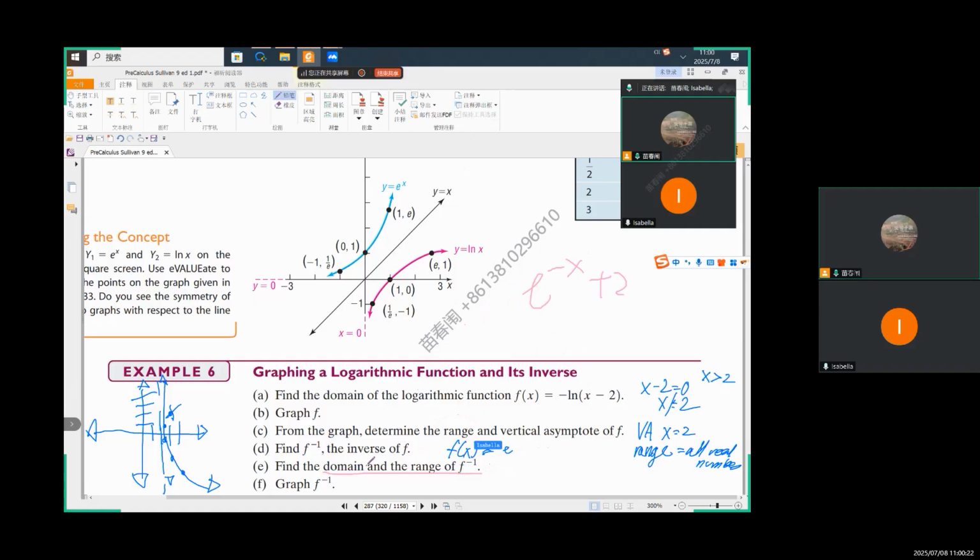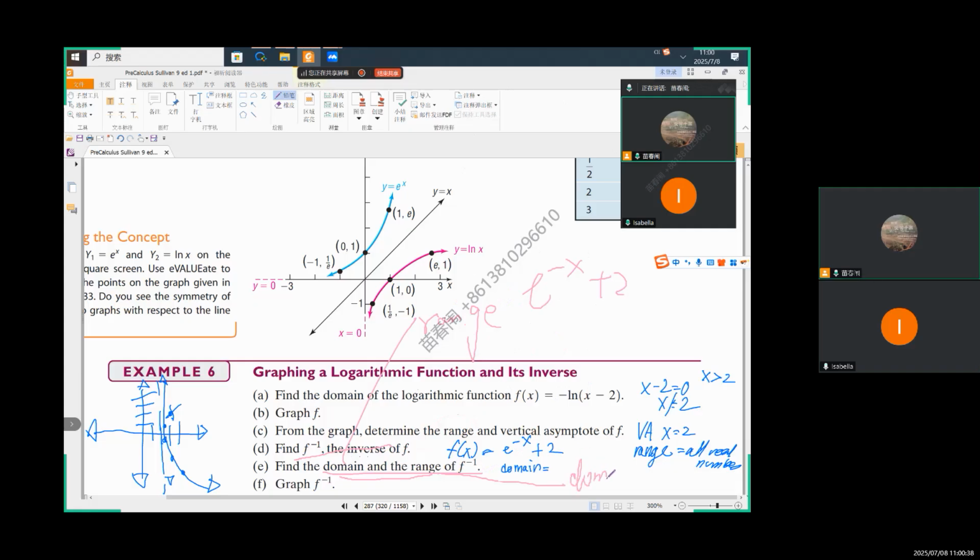When we find the inverse function, we normally say the domain for the inverse function is the range for the original function, right? And the range is the domain.